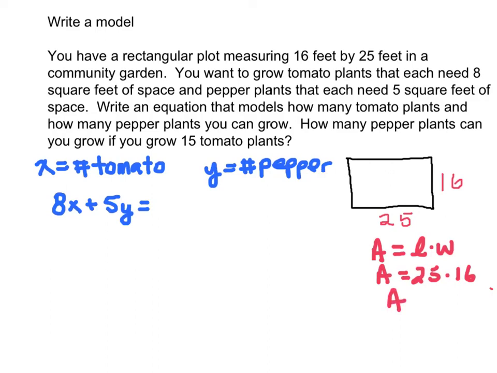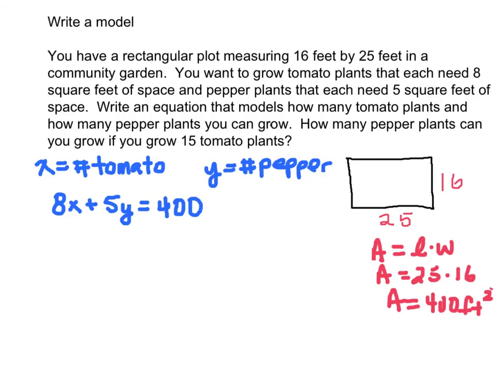My area will be equal to 400 square feet. All right, so that means 8x plus 5y needs to be equal to 400. My model, 8x plus 5y, is equal to 400.